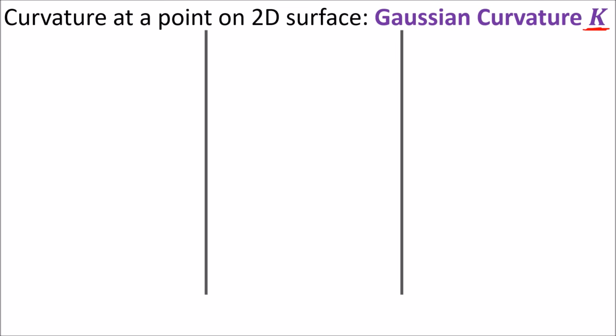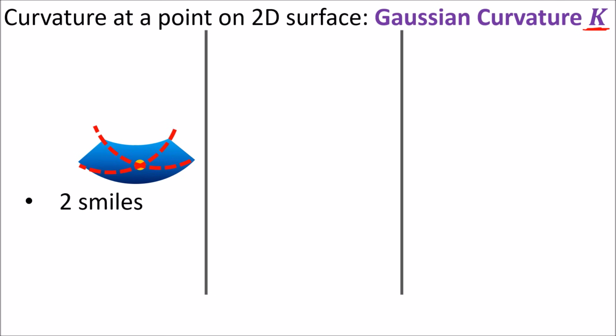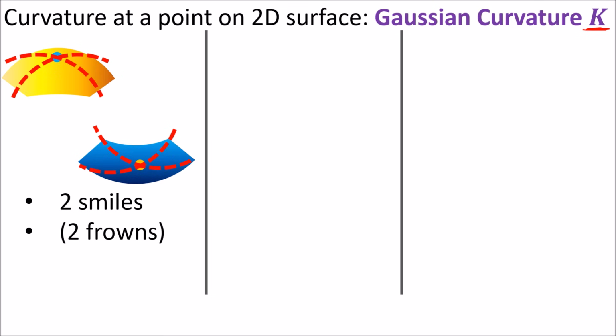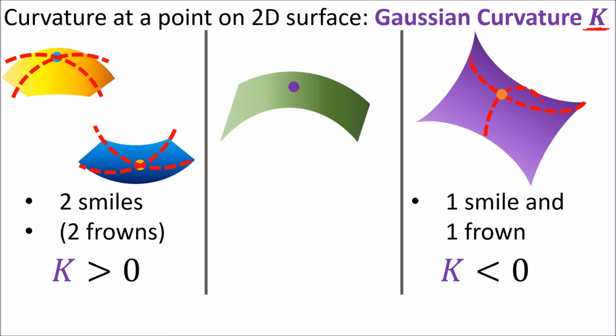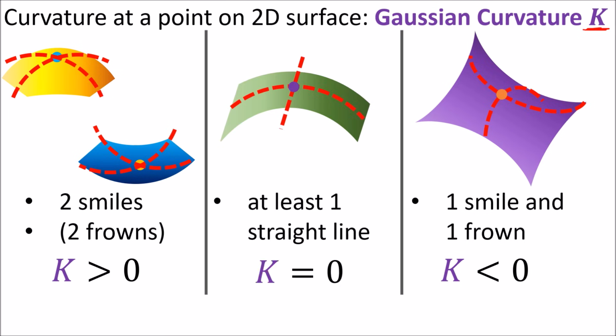At a given point, if the nearby surface could be approximated by two smiles, or two frowns, then that point had a positive curvature. If the nearby surface was made of a smile and a frown, it had negative curvature. And if the nearby surface had at least one straight line going through it, then the curvature was zero, meaning the surface could be unrolled into a flat sheet.